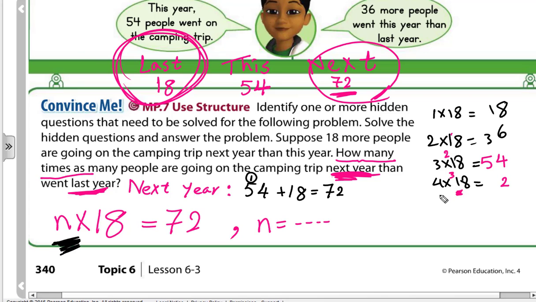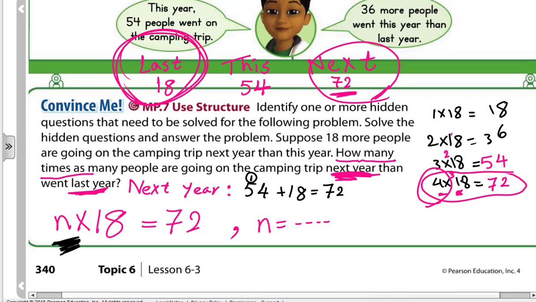Now 1 multiplied by 4, and 3 plus 3 more equals 7. So this is the one we should use: 72. So the answer N equals what? 4.